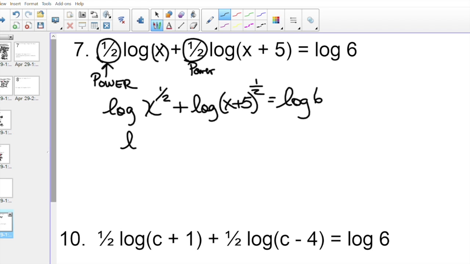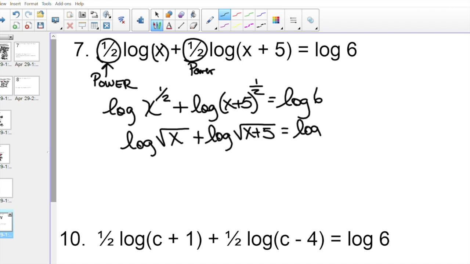And you know this, that if you're taking something to the 1/2 power, that's the same thing as taking the square root of that value. So this is going to be log square root x plus 5 is equal to log of 6.